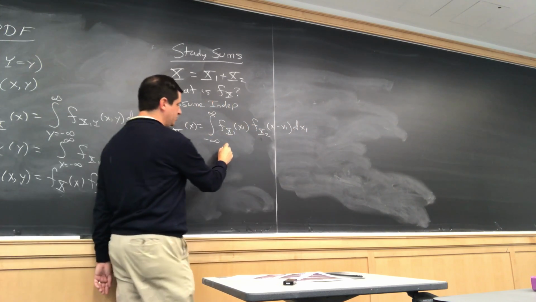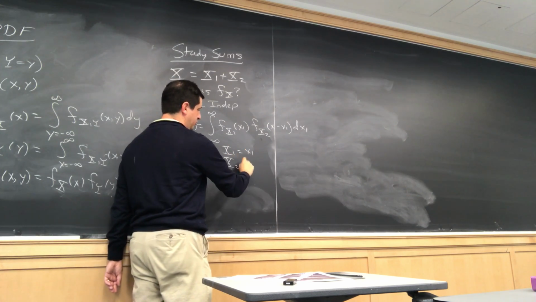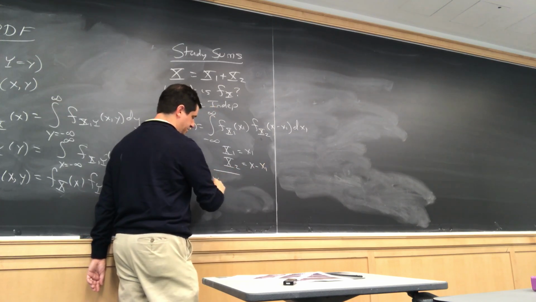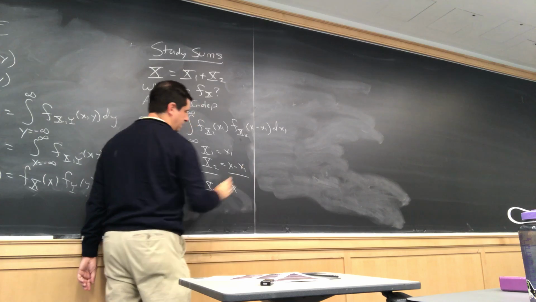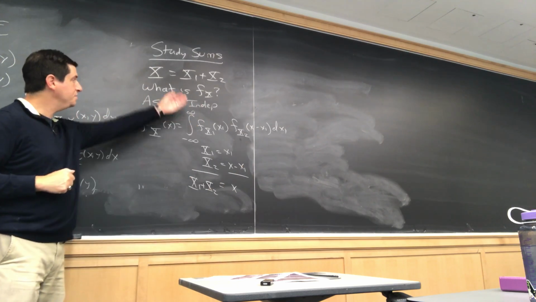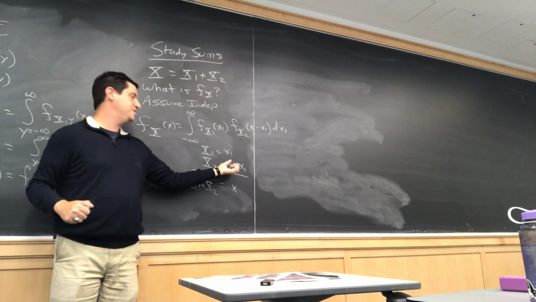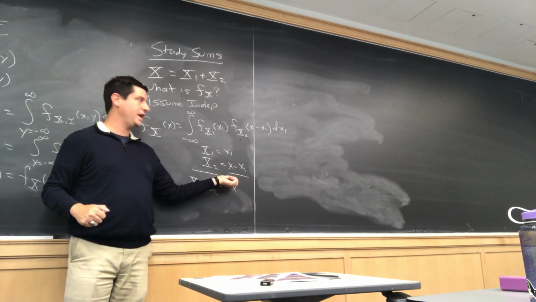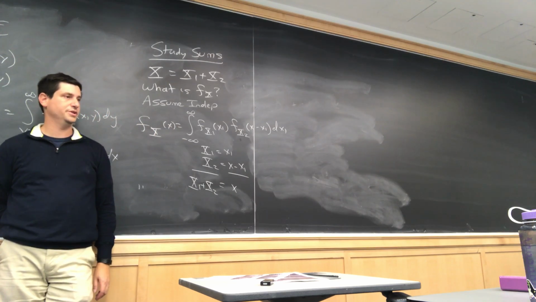Basically, look at all pairs where X1 is little x1 and X2 is x minus x1, so their sum, X1 plus X2, is just going to be x. If the first variable is x1, then the second variable has to be x minus x1. And what's the probability that that happens? It's just this, and I integrate over all possibilities.